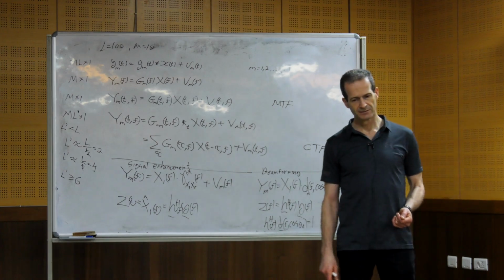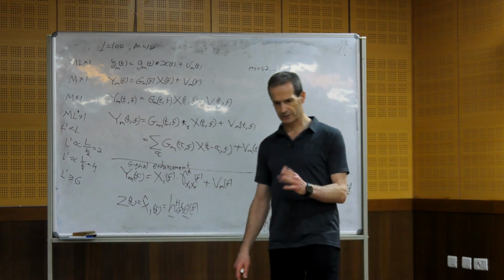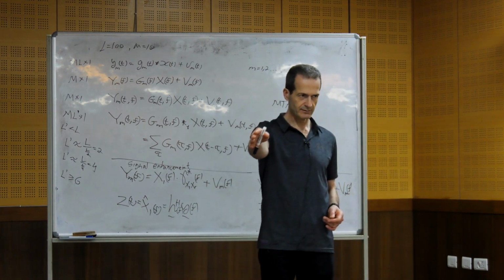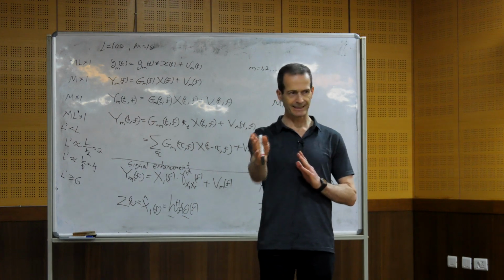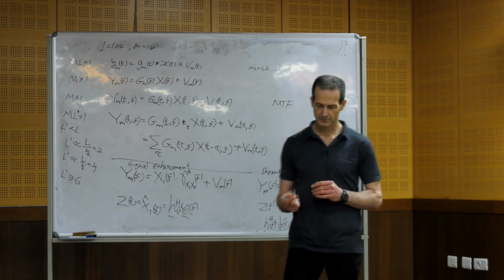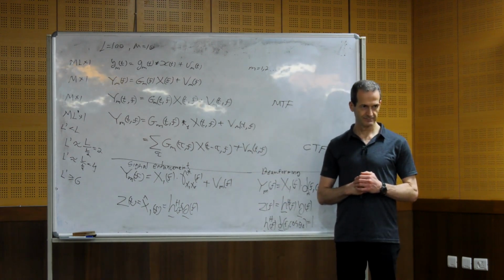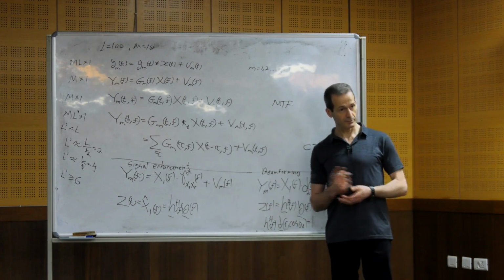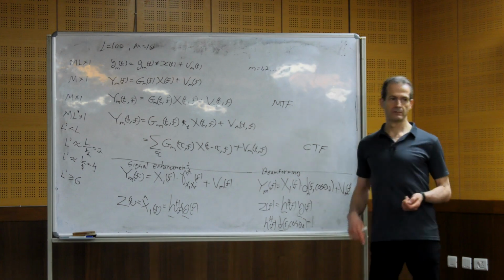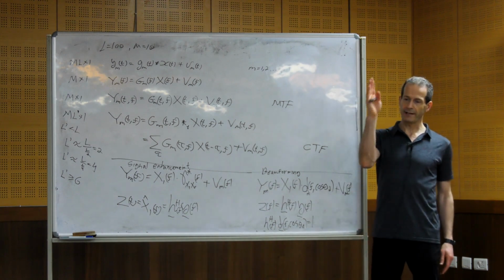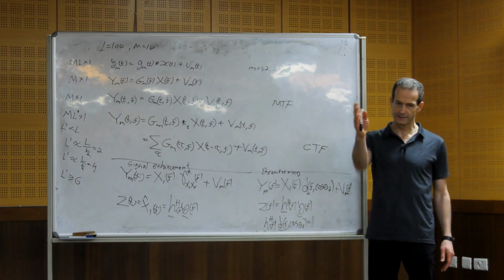I'll give you an example. Suppose that you have a desired source. I have an array here, a desired source here, and a noise source in the same direction, but in a different position. Nice example, right? If we work with a beamformer, we direct the beamformer towards the direction of the desired source.